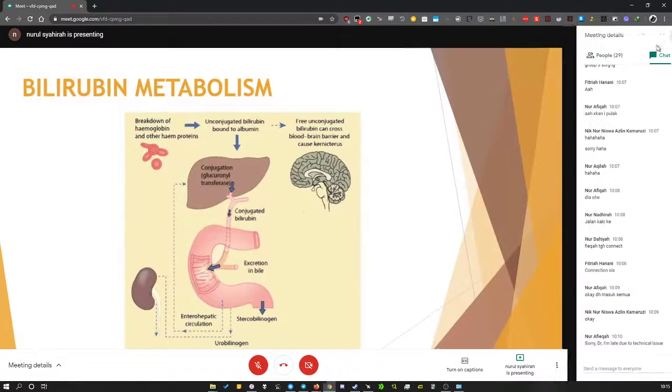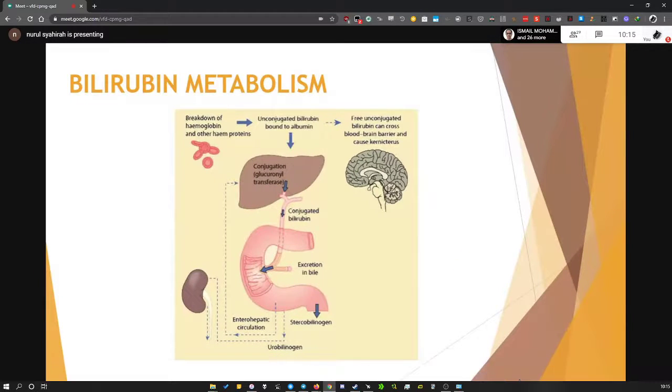It is then excreted in bile into the gut, becoming stercobilinogen in stool and urobilinogen in urine. However, if the unconjugated bilirubin exceeds the albumin binding capacity, it can cross the blood-brain barrier and cause clinical risk.